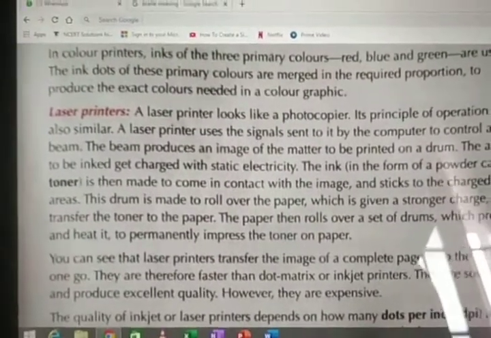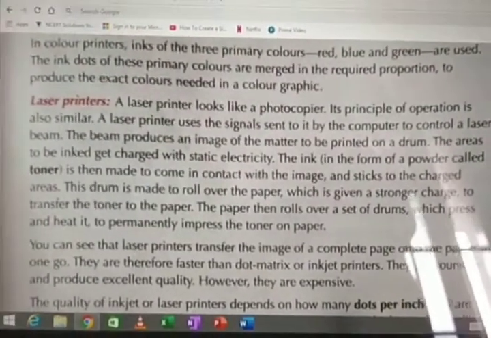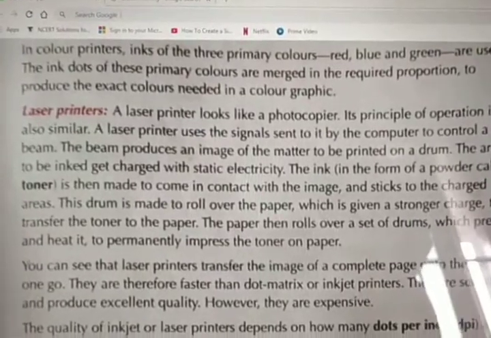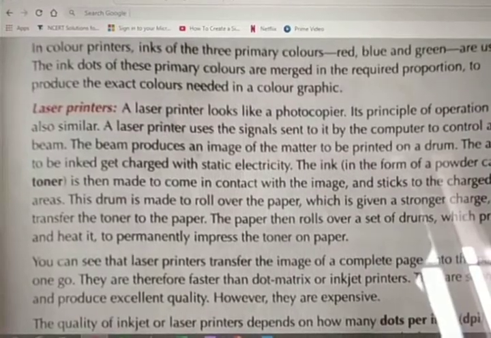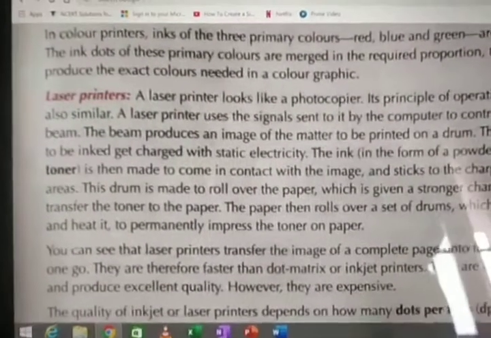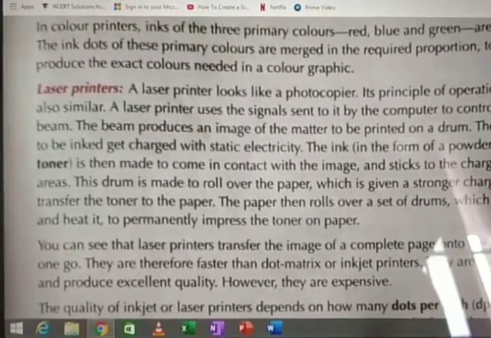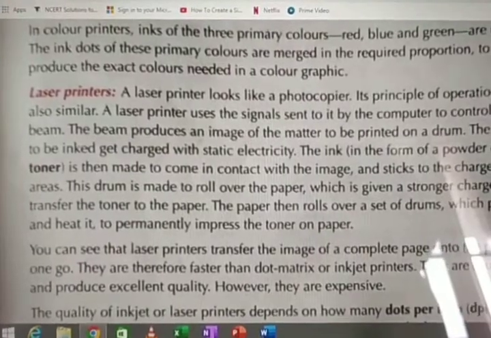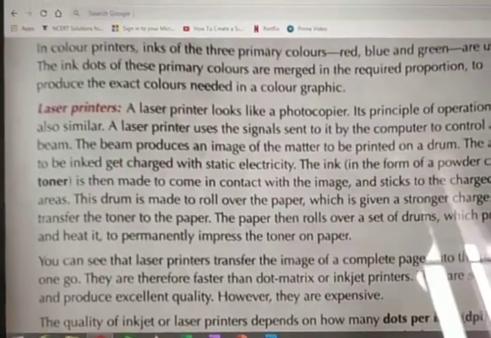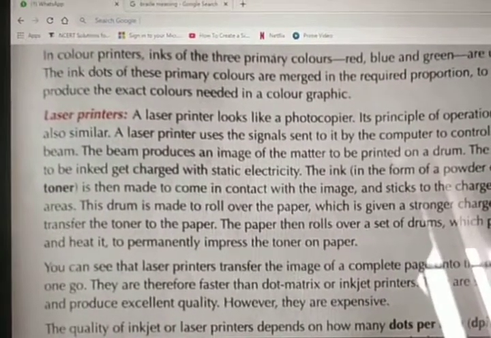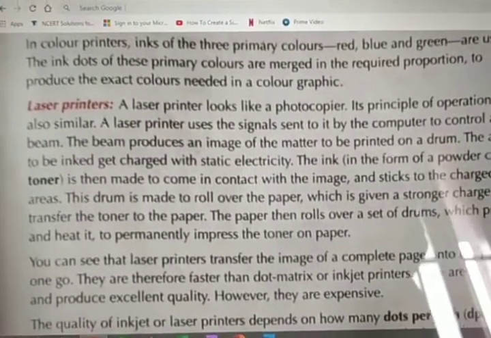The beam produces the image of the character that is to be printed on the drum. In this laser printer, you have something called a drum. The beam produces the image of the character which you want to print on the paper.